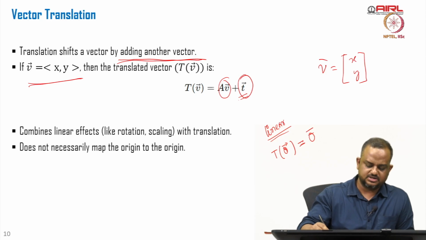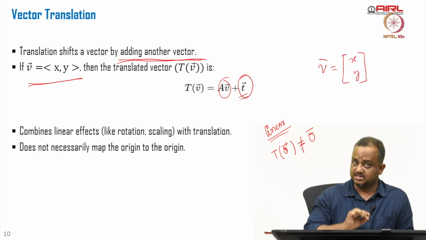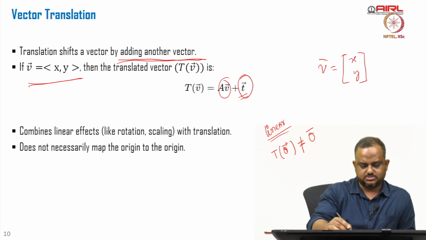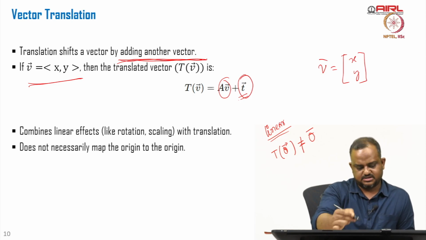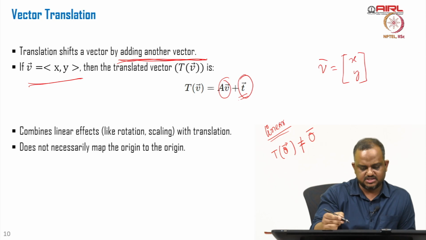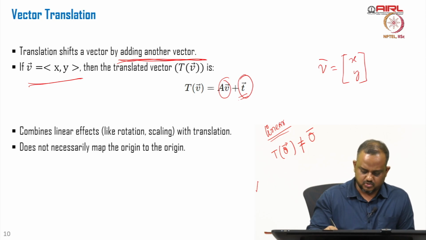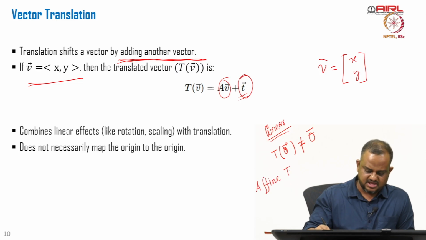So in this particular case, the origin gets shifted or translated by the same amount, by adding the same vector. So in this way the translation is not a linear transformation, but it is an affine transformation.